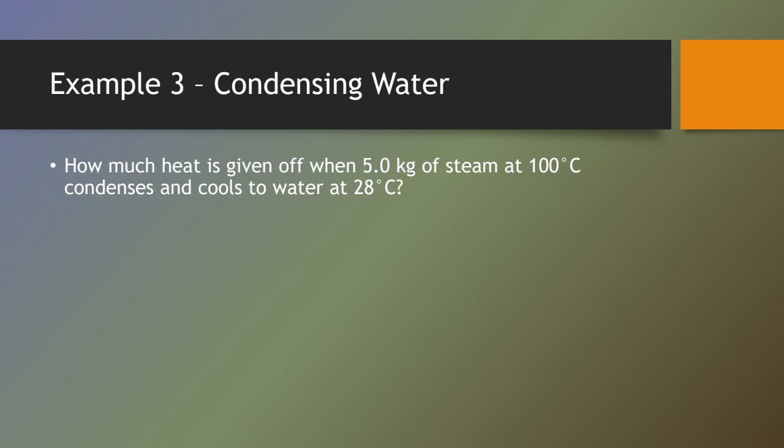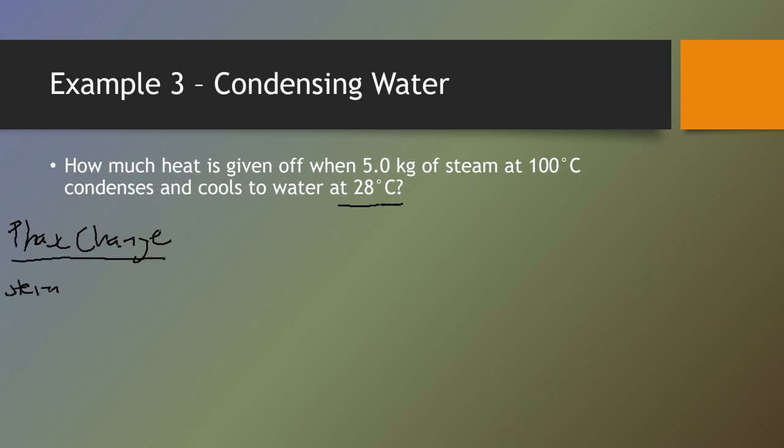And so how much heat is given off when 5 kilograms of steam at 100 degrees Celsius condenses and cools to water at 28 degrees Celsius? So two things are happening here. First, we have a phase change from steam to water.